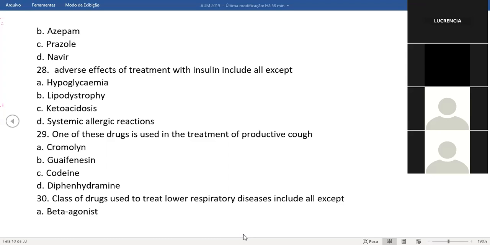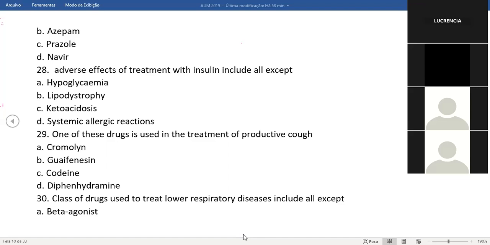Adverse effects of treatment with insulin include all except hypoglycemia. Hypoglycemia will happen with insulin.